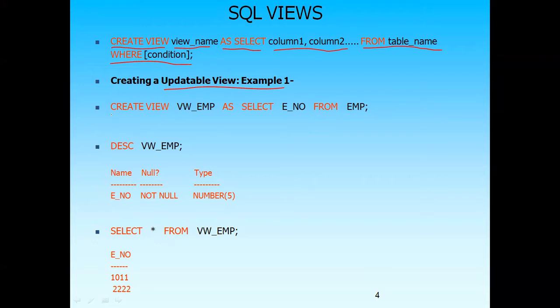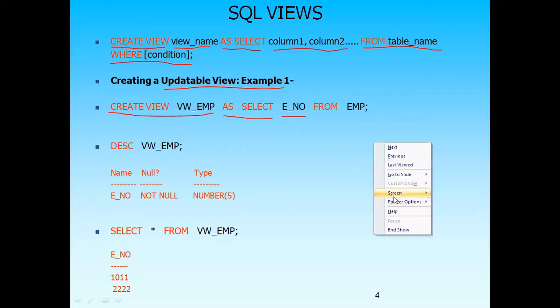So here is the example. Create view, view name. My view name is what? VW underscore EMP. So VW stands for view. So here we are discussing the syntax for an updatable view. The syntax is create view, view name as select employee number from EMP, right, so my table name is EMP.